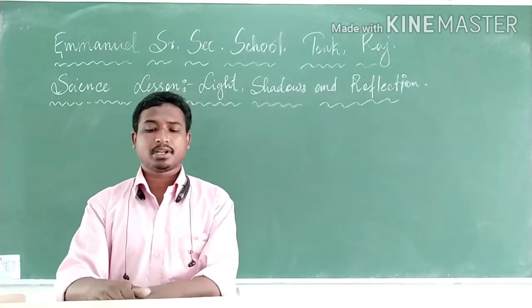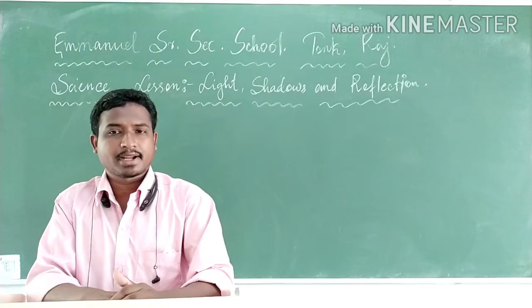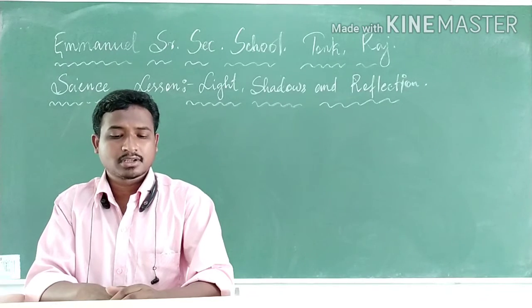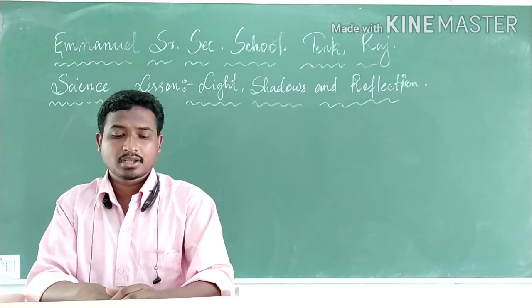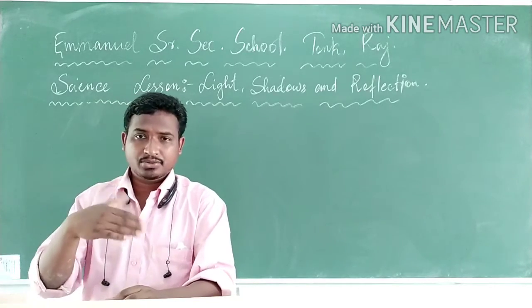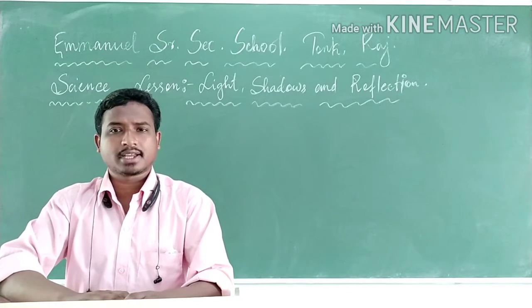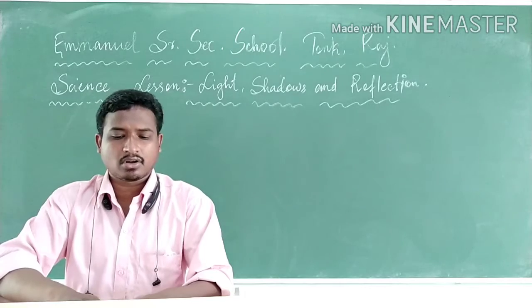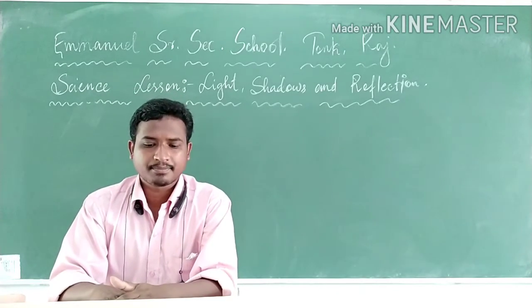From this example, you get a clear idea of what transparency is. Hence, the materials through which we can see from one side to the other, we call transparent. We can take examples like water, air, glass; all these are transparent materials.